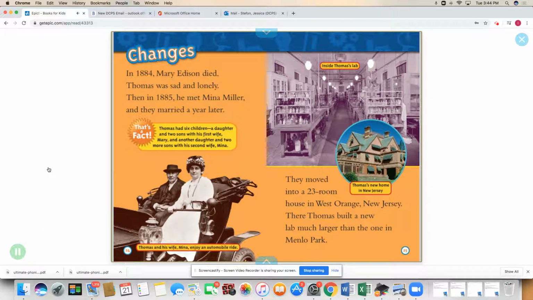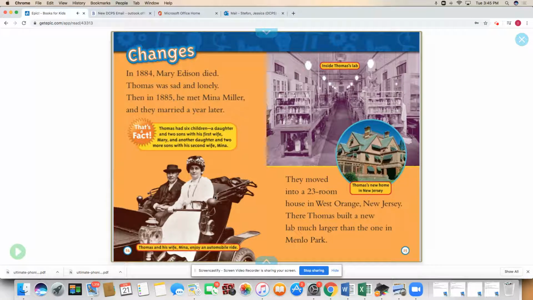Changes. In 1884, Mary Edison died. Thomas was sad and lonely. Then, in 1885, he met Mina Miller, and they married a year later. Thomas and his wife, Mina, enjoy an automobile ride.